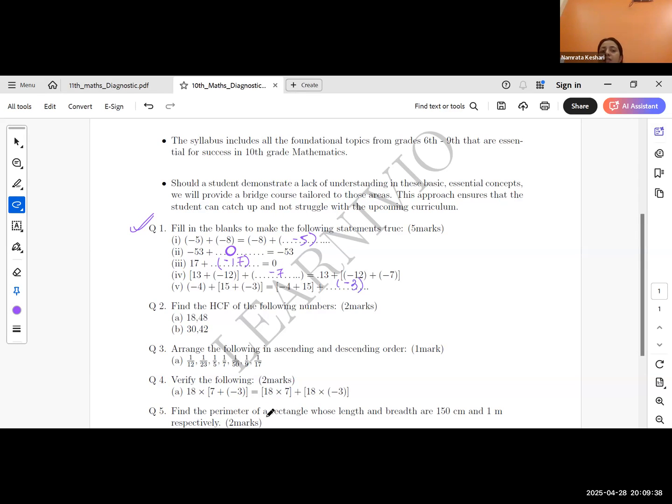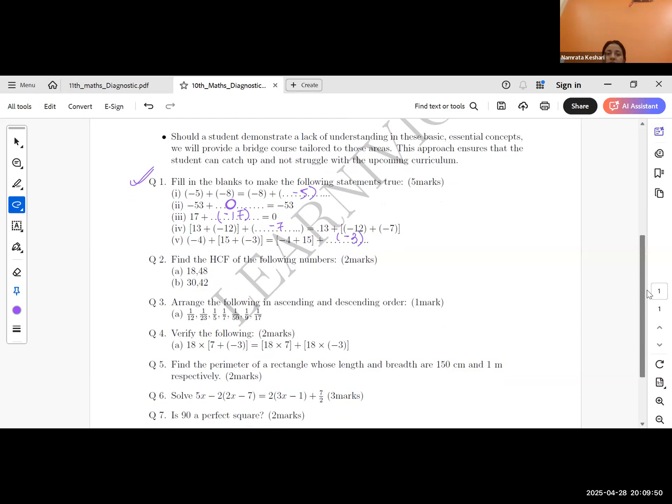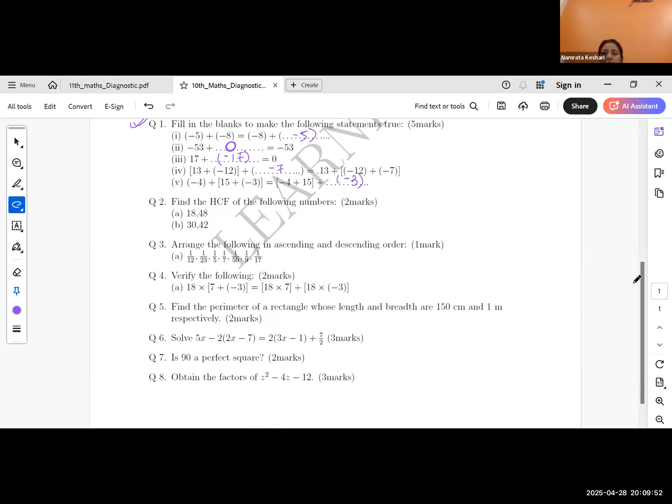Next one, find the HCF of these two. Now you can use pen and paper. For 18, 6 is the highest factor. No, 9 is the highest factor, right? The table of 9 contains 48 as well.